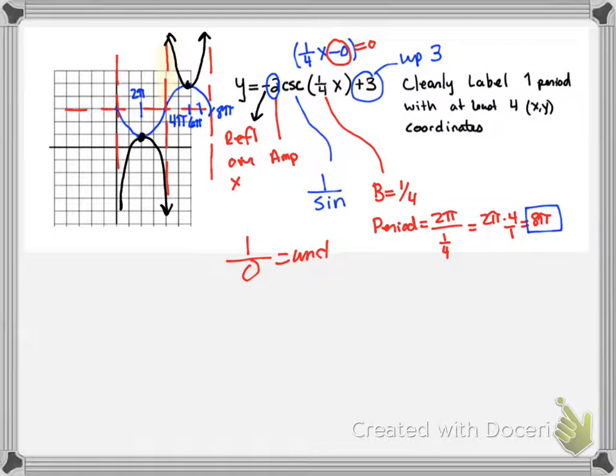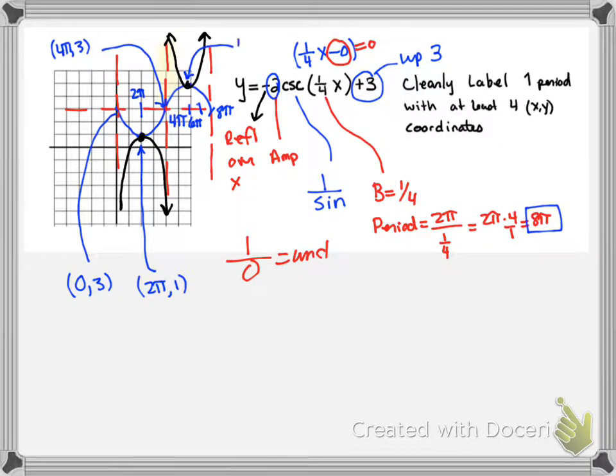So our coordinates are, to start, 0, 3. This next key point is 2 pi, 1. This next 0 on our midline is going to be at 4 pi, 3.